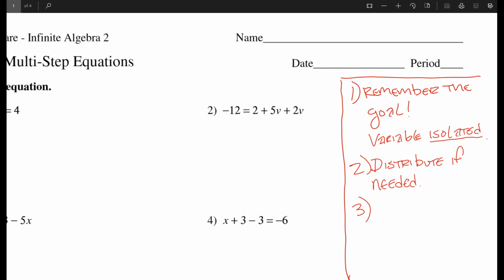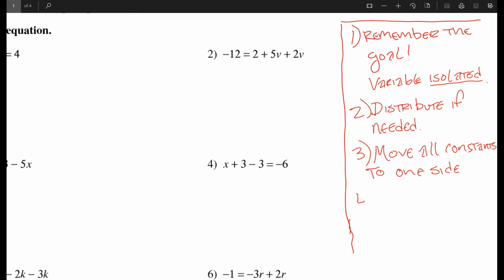Step 3, move all constants, meaning numbers, to one side. Step 4, move all variables to the other side.